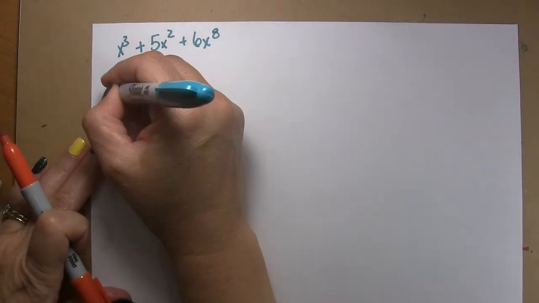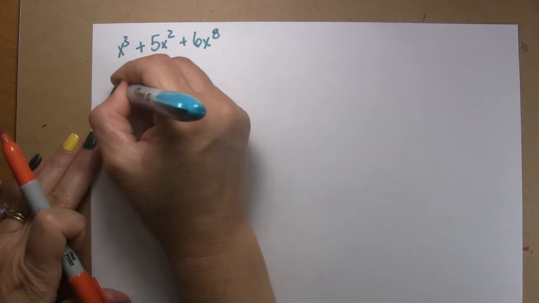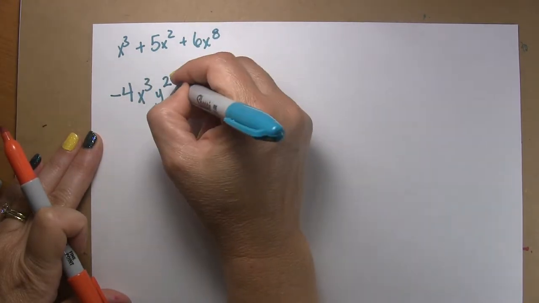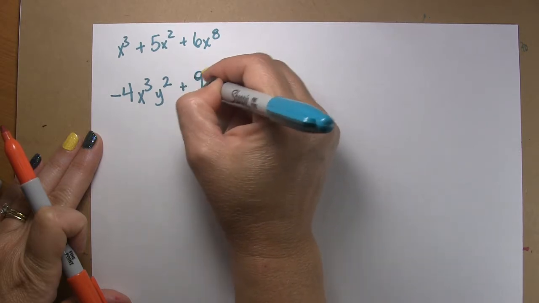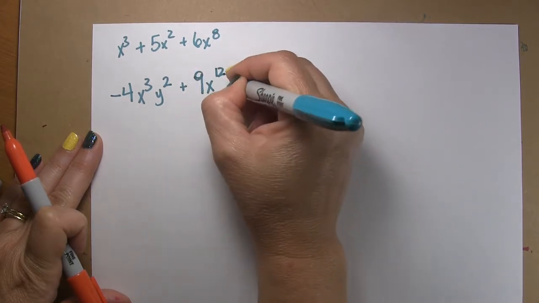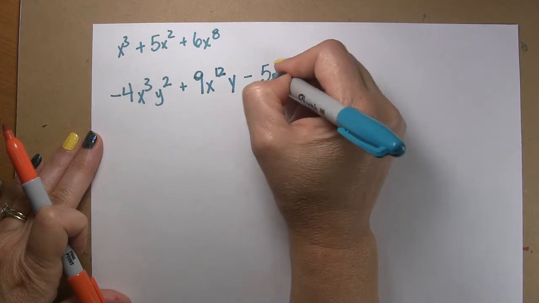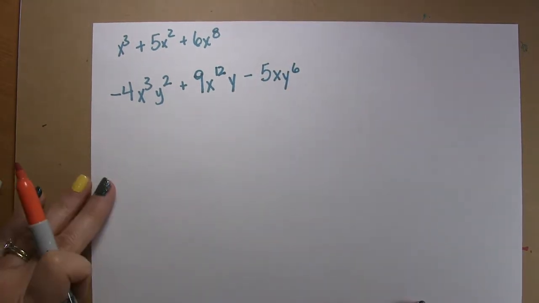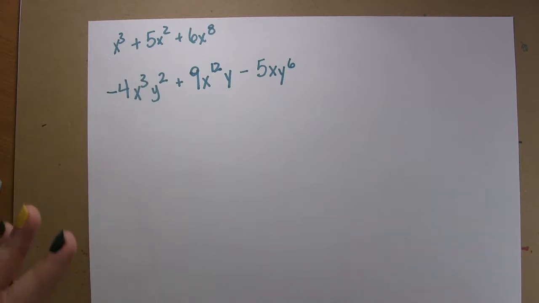So, for instance, what if this were our equation? Negative 4x to the 3rd y squared plus 9x to the 12th y minus 5xy to the 6th. What if that were our polynomial?